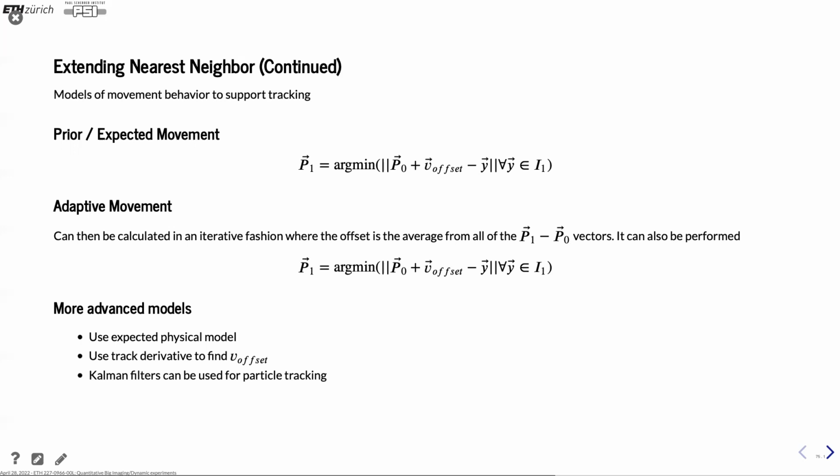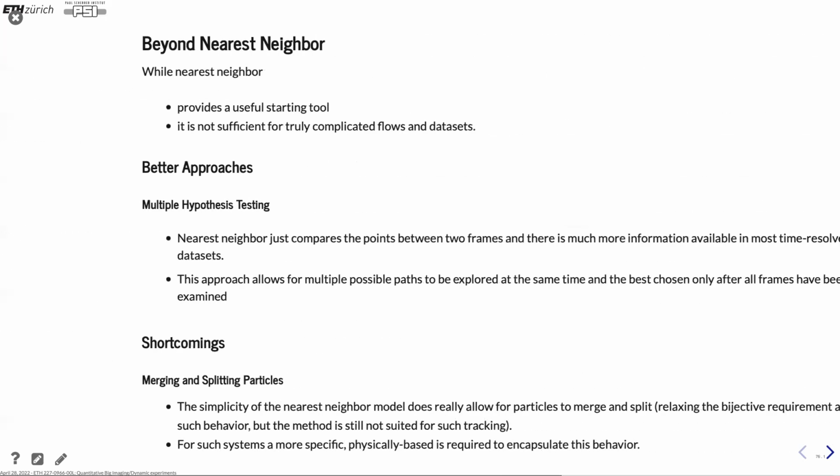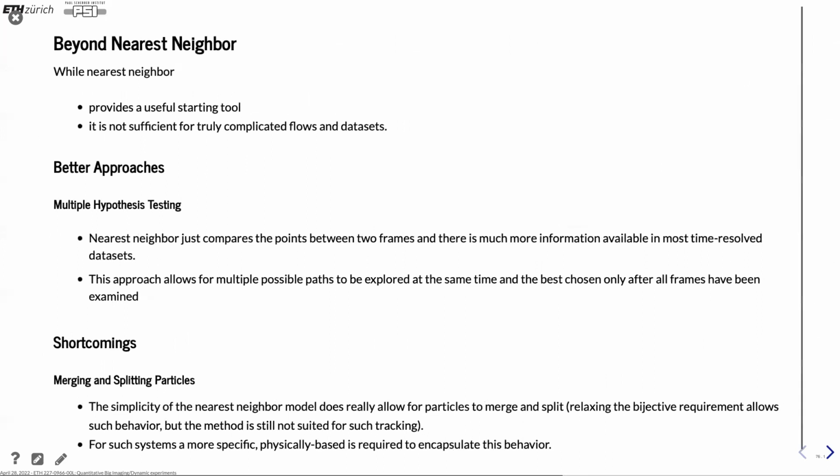And then, of course, we can add on physical models, and we can even use Kalman filters for the particle tracking. So these are statistical models to optimize the a posteriori probability of the positions. And then we can also work with other principles.